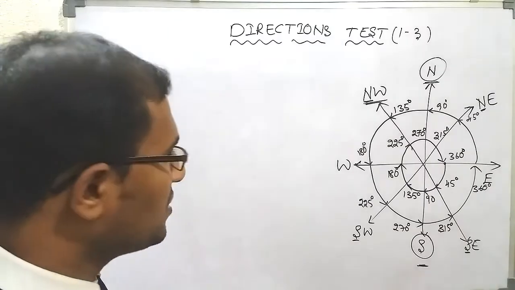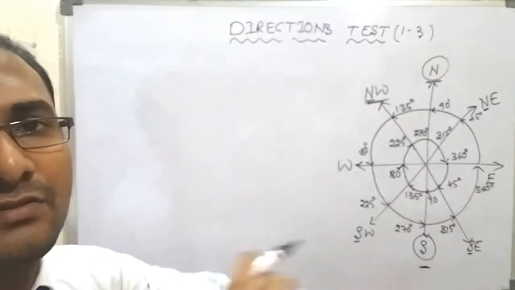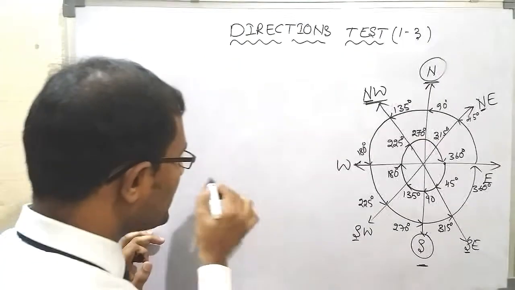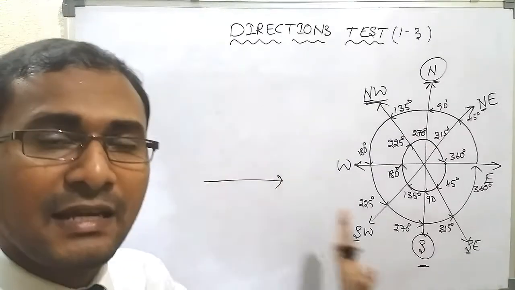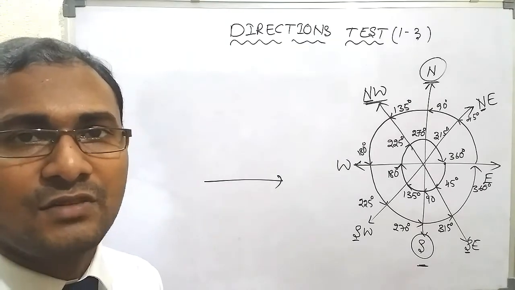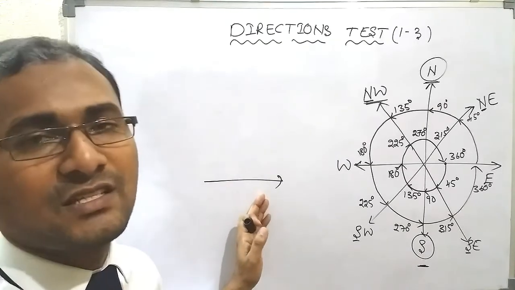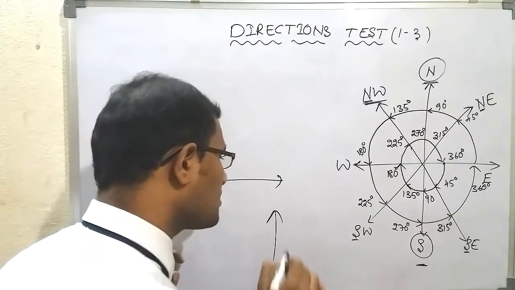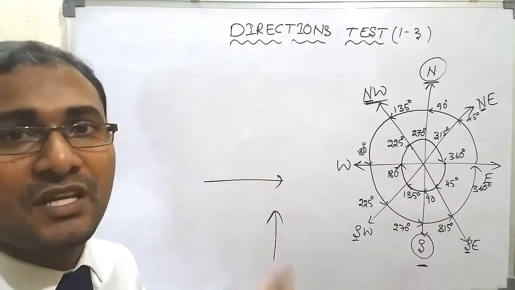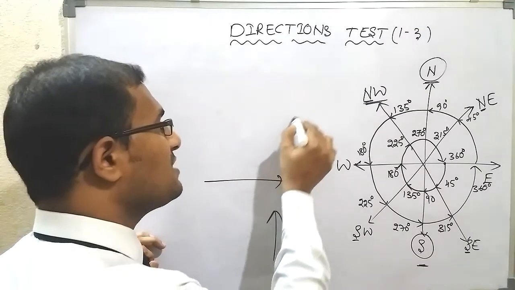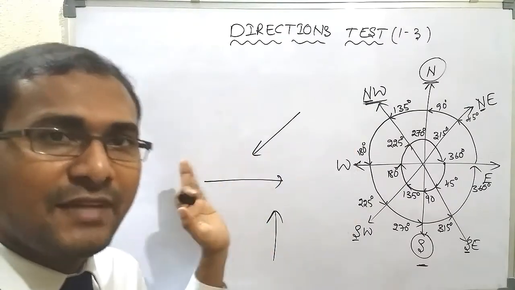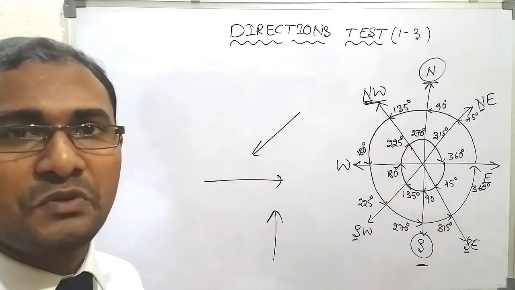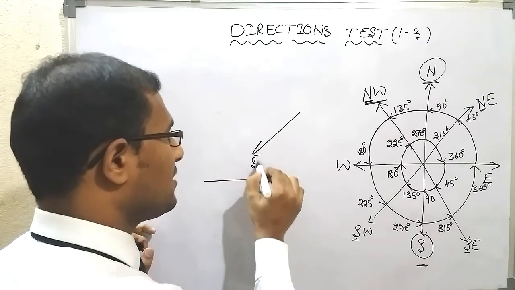For example, one person started his journey towards east direction, so towards east means a line towards right hand side direction we have to draw. For example, one person started from his house towards north direction. Towards north direction means towards upward direction. Towards southwest means towards left hand side direction with somewhat slope, in the downward direction. So this is southwest.